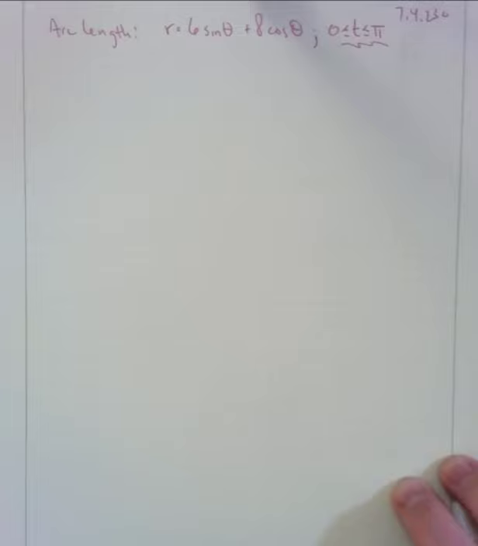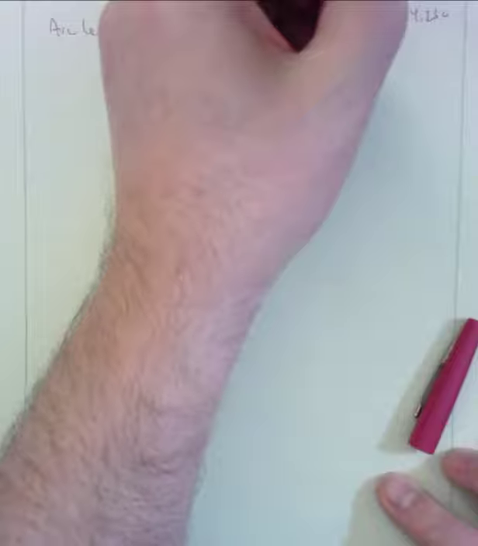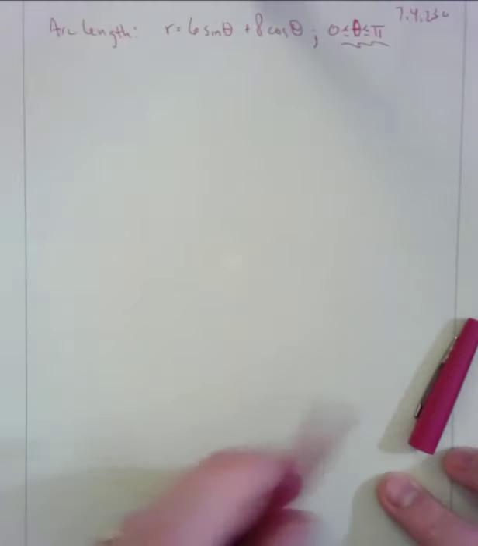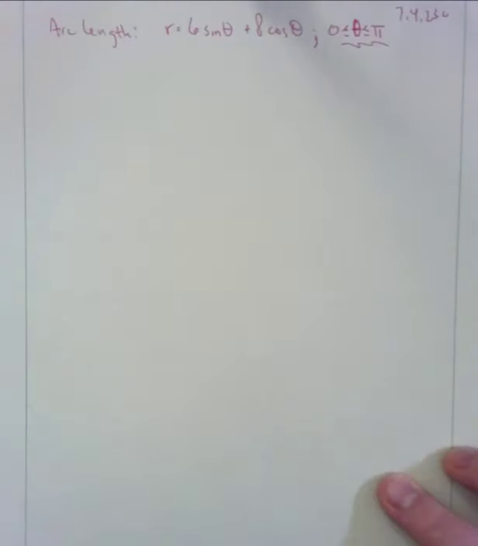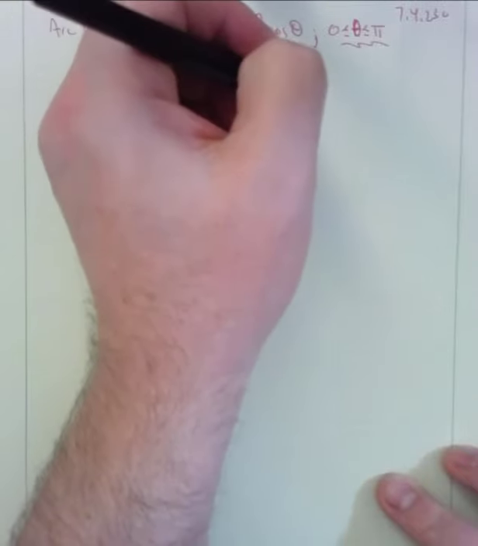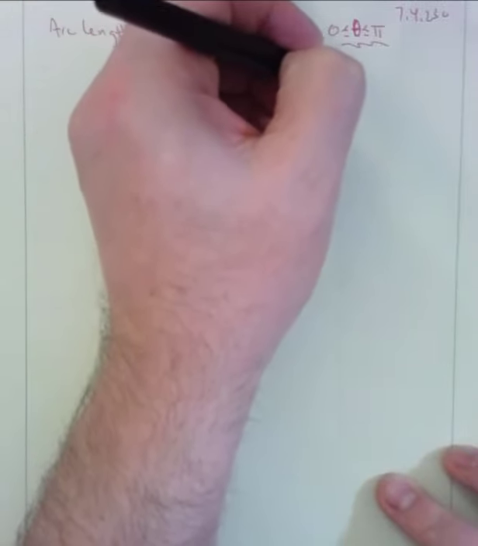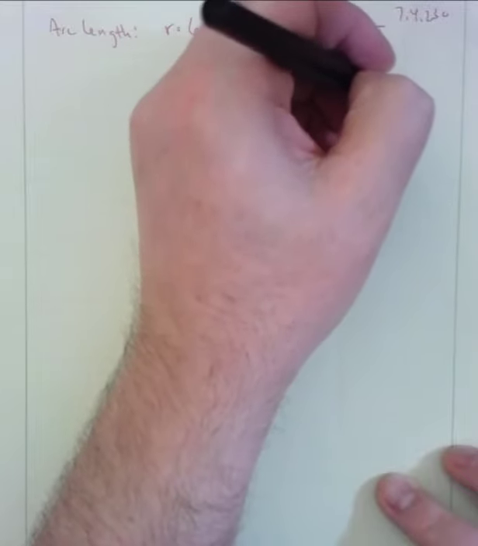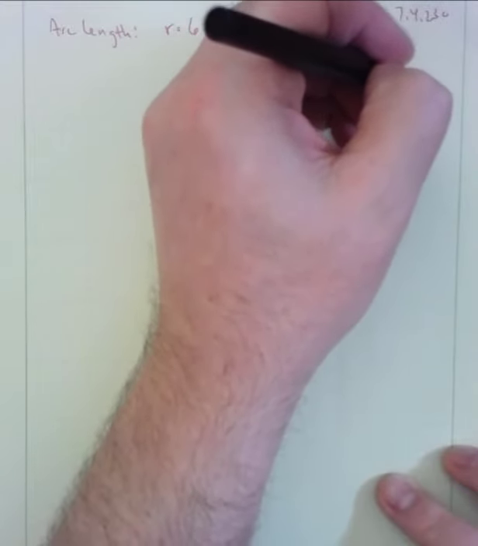Okay, for our next example, we're going to find the arc length of the function 6 sine theta plus 8 cosine theta, where theta, not t, theta, there we go. Good thing that's an easy fix. Theta goes from 0 to pi. As you found in the notes, the generic arc length formula in polar form is kind of a mess.